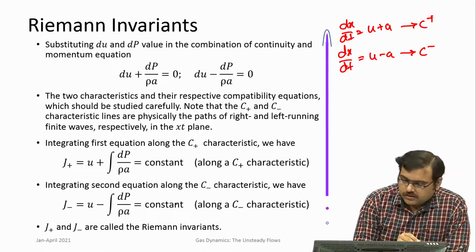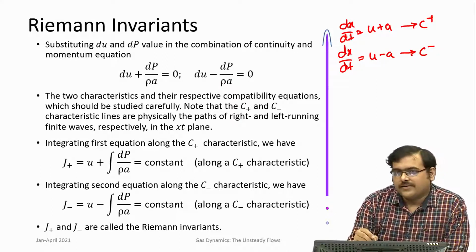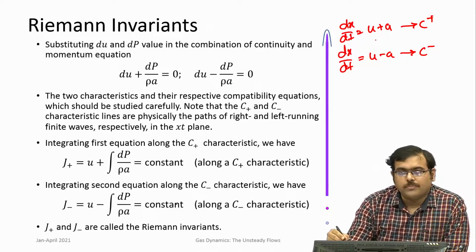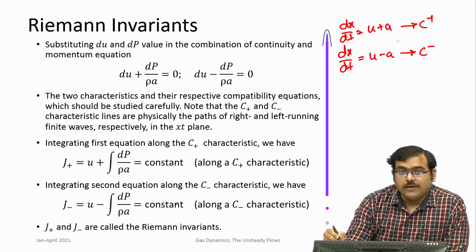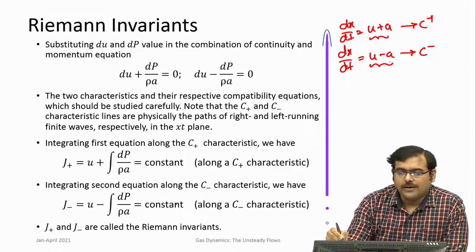Now you see, in this discussion on finite amplitude waves, what we see here is that your speed of propagation of the waves is not infinity anymore, it is u plus a and u minus a.